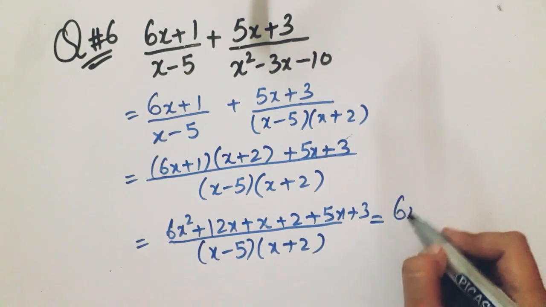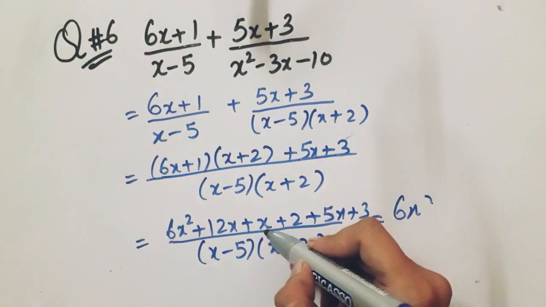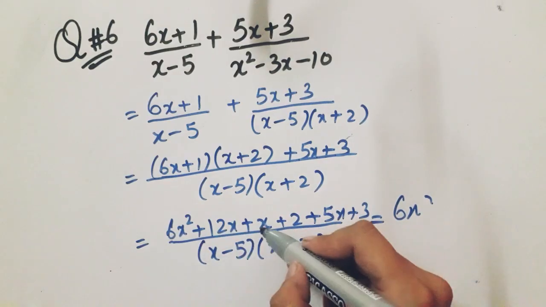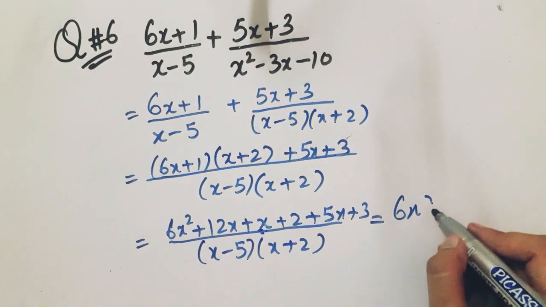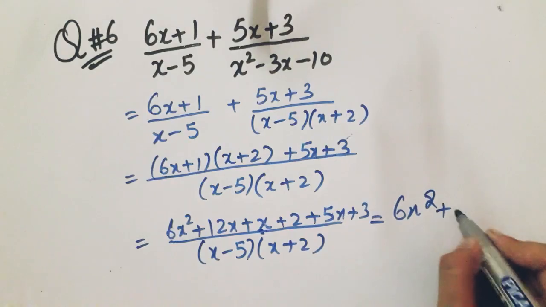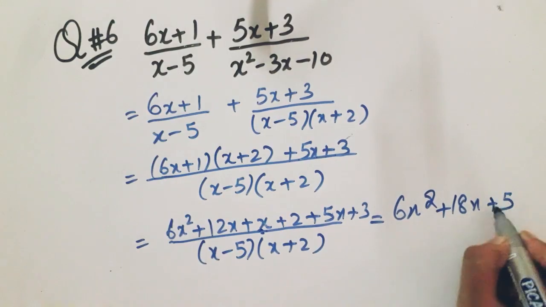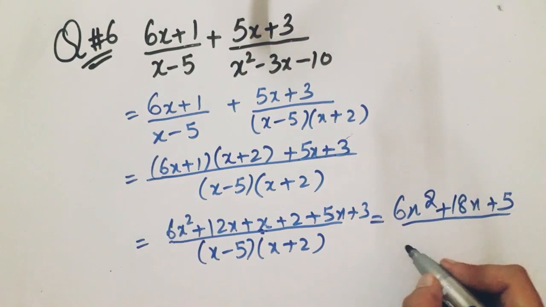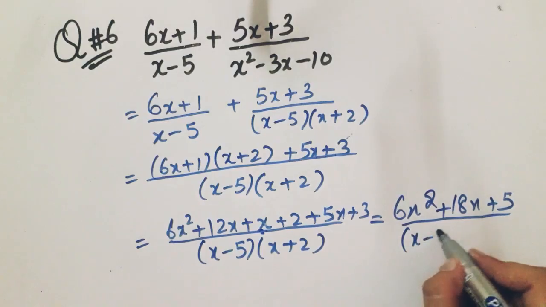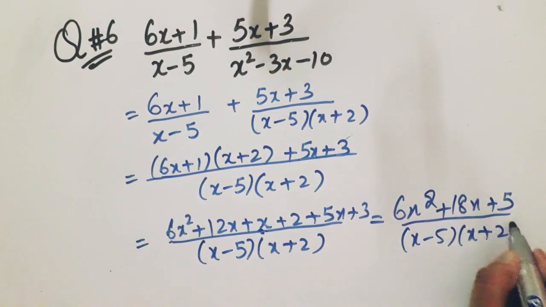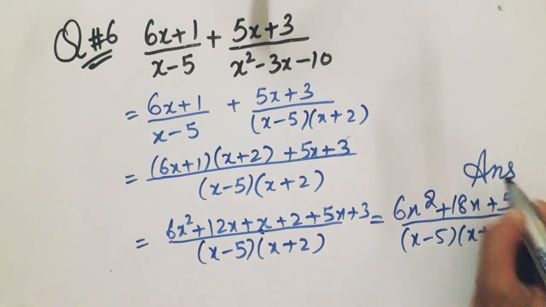So we get 6x square, 12 plus 1 is 13, 13 plus 5 is 18. 6x square plus 18x plus 5, 2 plus 3 is 5, divided by x minus 5 into x plus 2. So this will be the answer.